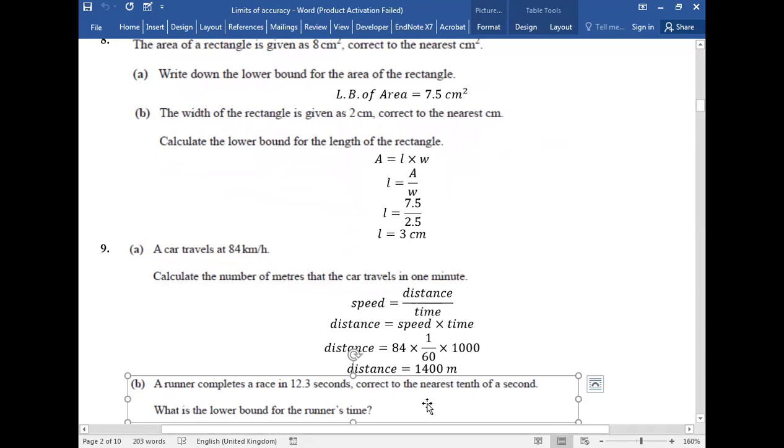What is the lower bound for the runner's time? मतलब 0.1 of a second. That is what the question is telling you. Yes, the question is asking lower bound. Read the question again. You're making such errors in question number 9. You haven't done the previous ones right. We have rounded it off correct to the nearest 0.1 second. So 0.1 divided by 2. क्या हो गया बच्चों?